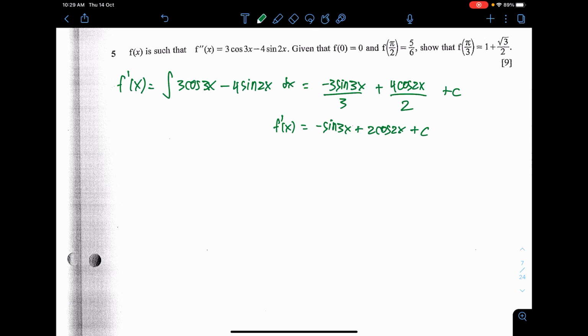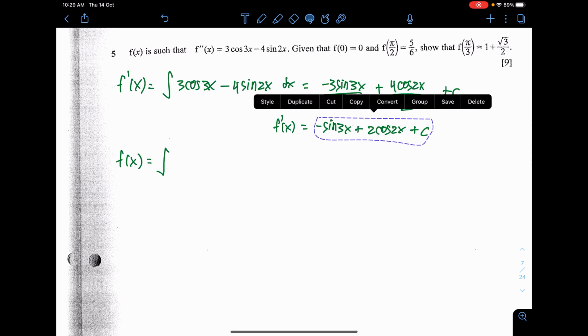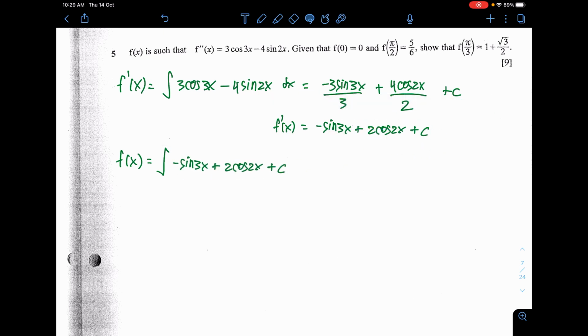Okay, next I can find the f x by integrating further. Okay, I'm going to integrate this whole chunk. Integrate this, I will get negative sine 3x is from cosine 3x divided by 3. And then cosine 2x is from sine 2x over 2.